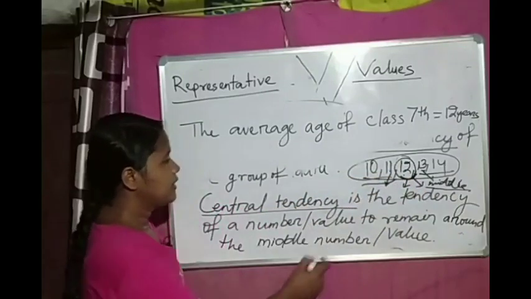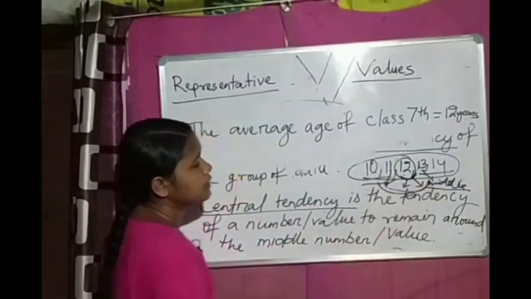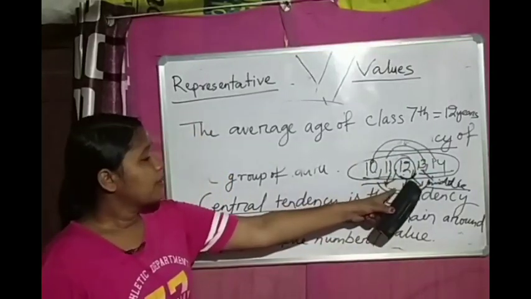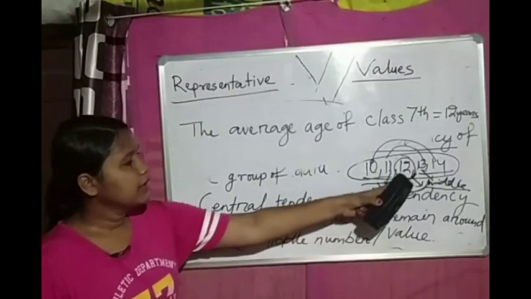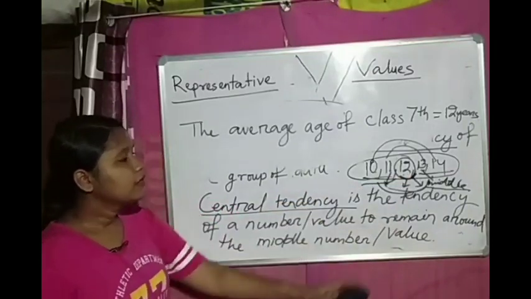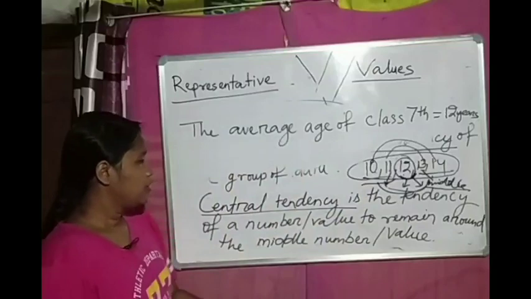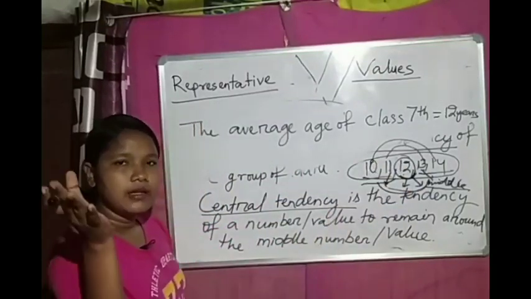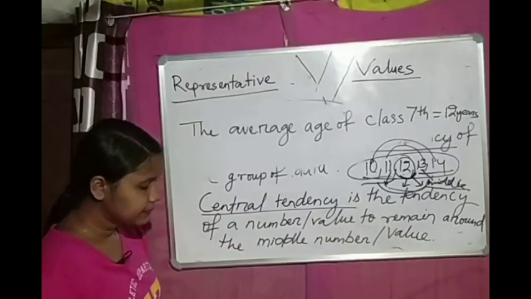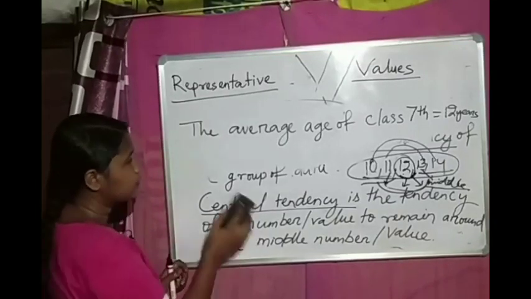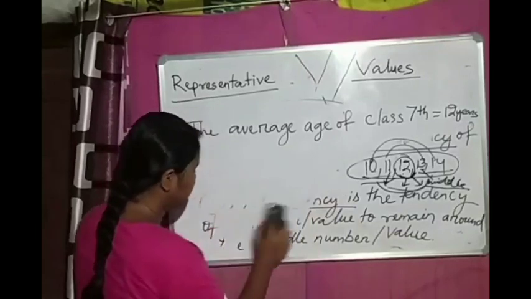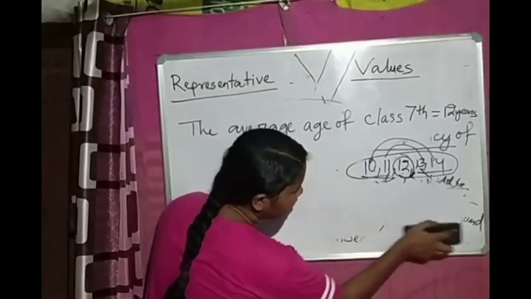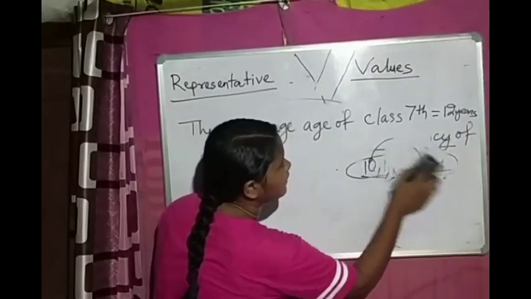That's why these two numbers have the property or tendency to remain around the middle value. So this property or this tendency is known as central tendency. So average is what? It is the measure of central tendency of a group of data.